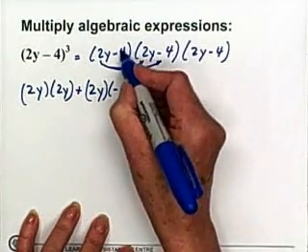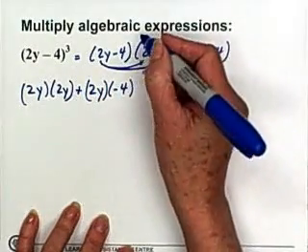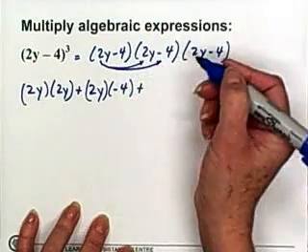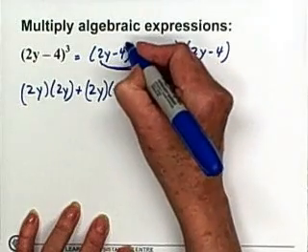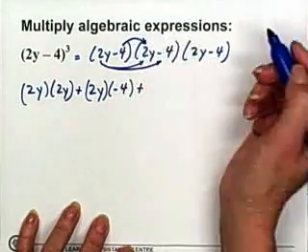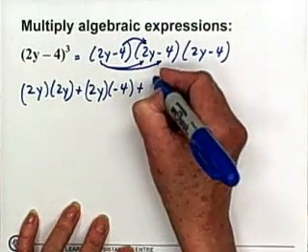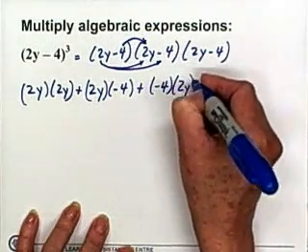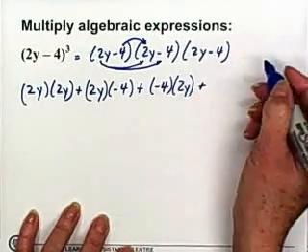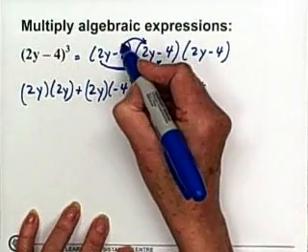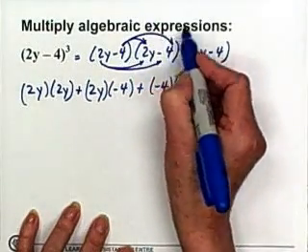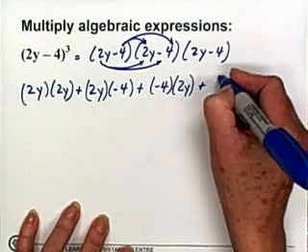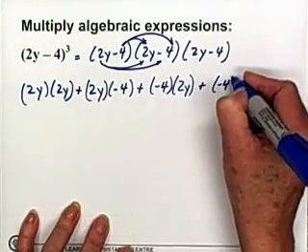Then I go to the second term in the first bracket, not forgetting the plus sign there, plus minus 4 multiplied by 2y. So minus 4 multiplied by 2y. And again, another plus sign. Now we have plus minus 4 multiplied by minus 4.